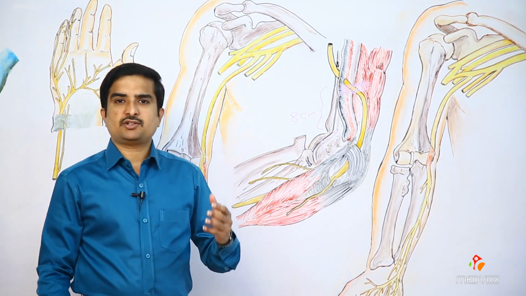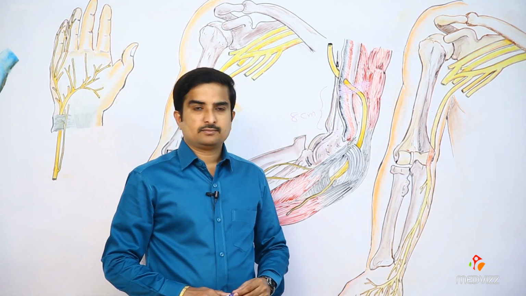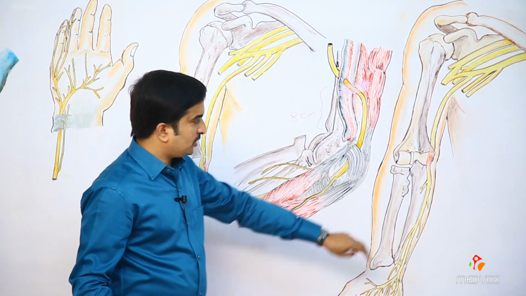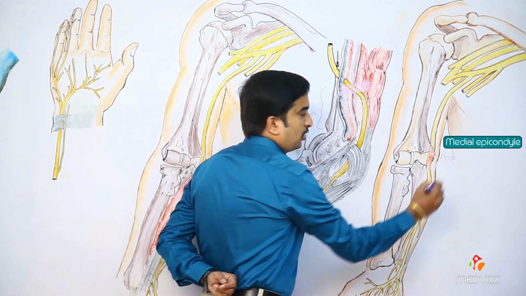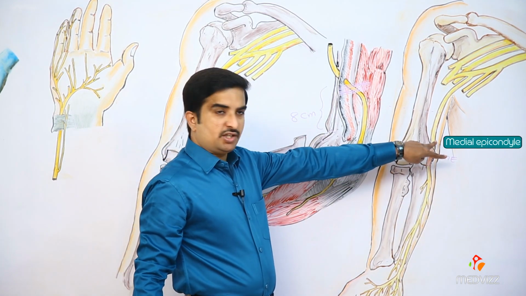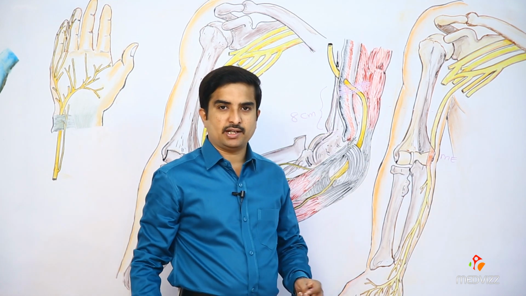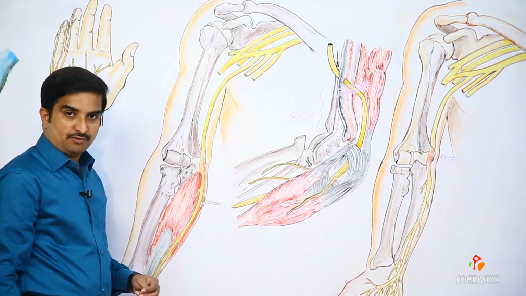Next, from the posterior compartment of the arm, the nerve reaches posterior to the medial epicondyle. As you can see in this picture, this is the medial epicondyle. At the posterior compartment of the arm, it is passing behind the medial epicondyle. The same course I can also show you in this diagram, right?